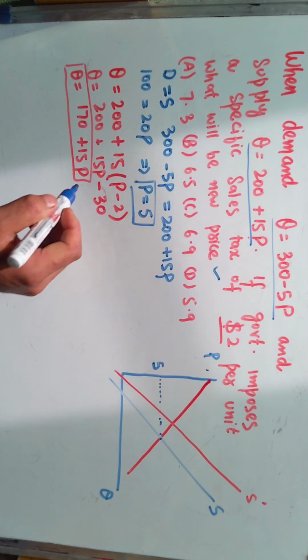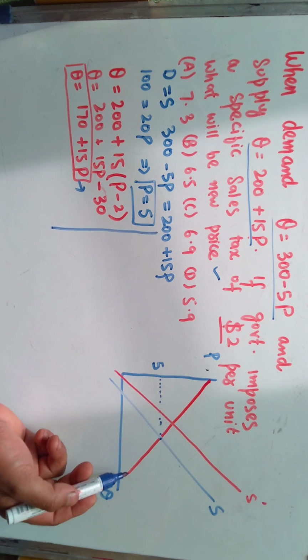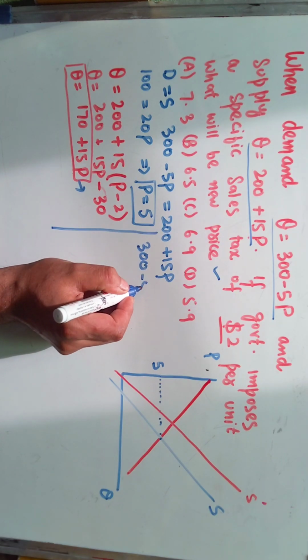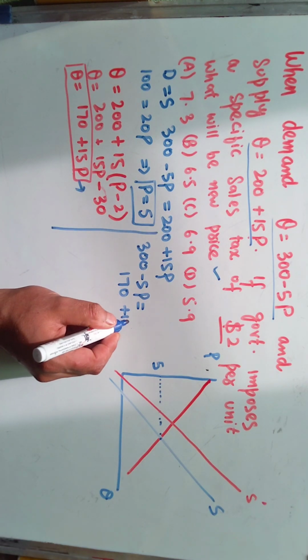Now what will we do? We equate this new supply function with the initial demand function. So we have the demand function 300 - 5P, and we equate it with the new supply function, which is 170 + 15P.